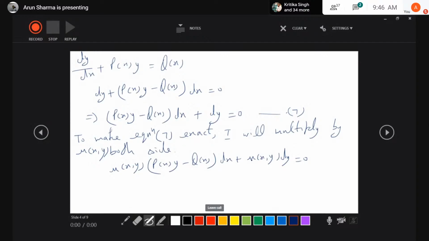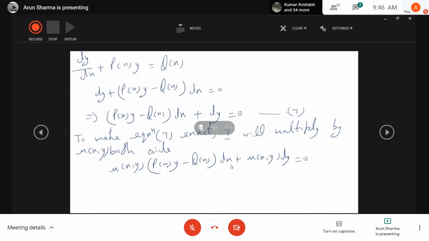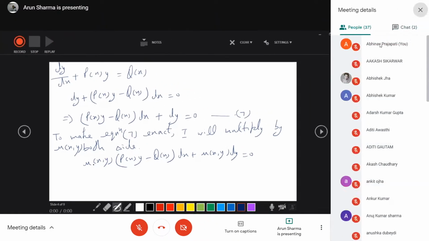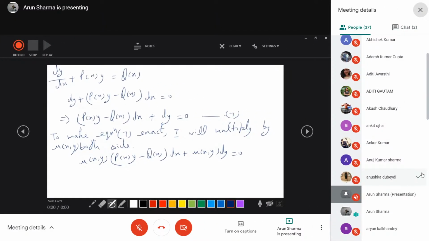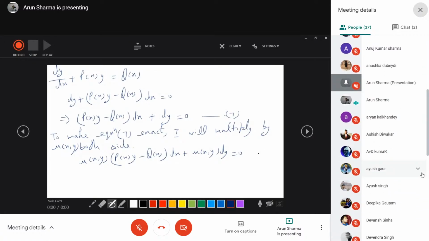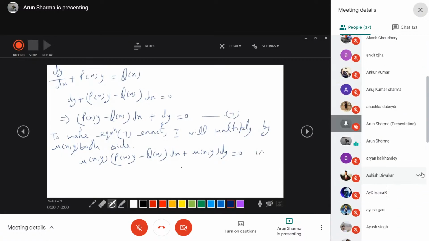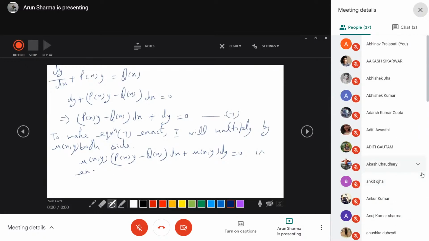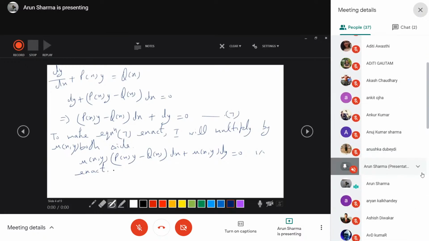Any doubt, any question so far? Everything fine? Okay. So to make equation 7 exact, I am calling it exact after multiplication.